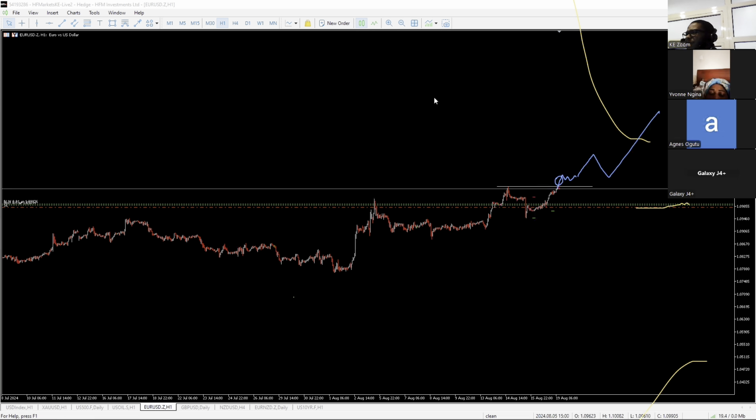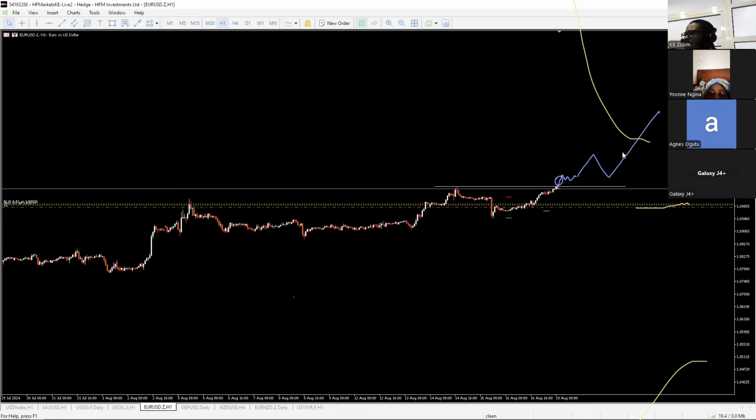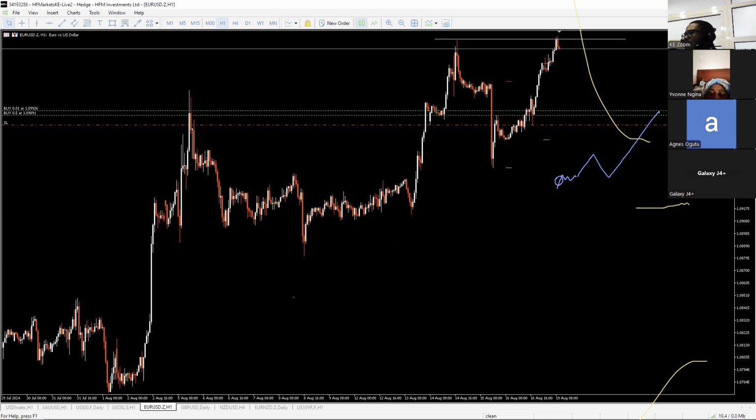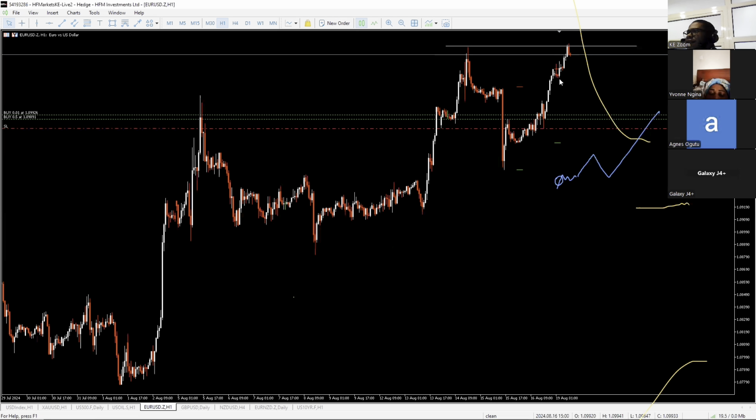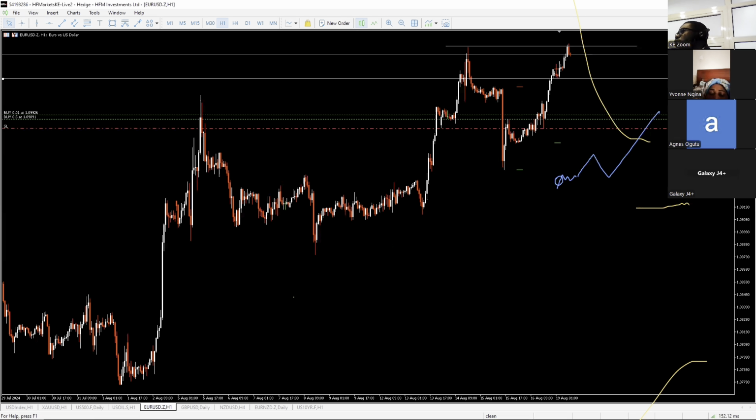See this level right here, this key level of support at 110.21. Having a stop loss below that level shouldn't be an unrealistic level to have your stop loss.